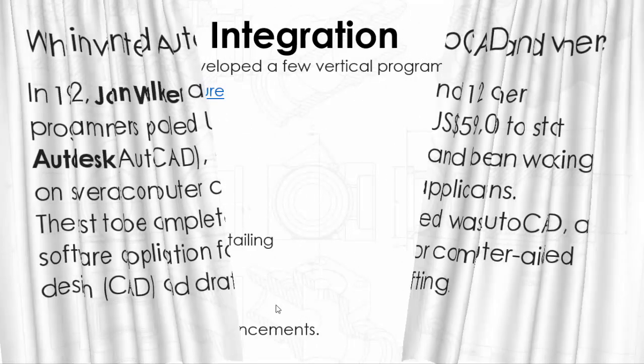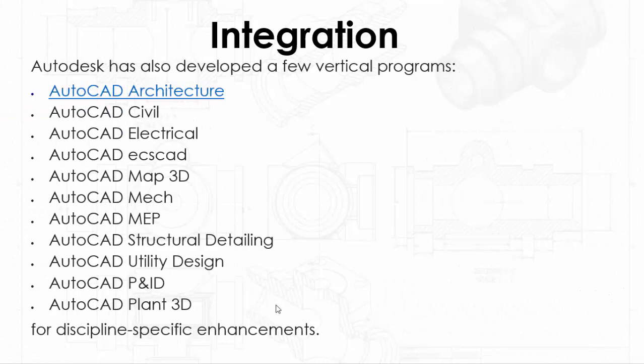Okay, since 1982, what has happened then? AutoCAD has developed very well. Presently, we have AutoCAD Architecture, Building, Civil, Electrical, SCADA, Map 3D, Mechanical designs, a lot of mechanical design, Map, Structural detailing, then for utility designs, most interesting P&ID, piping and instrument drawings, which must be read and used when building and installing process plants.